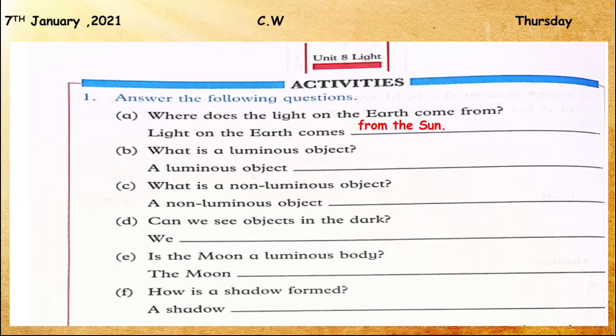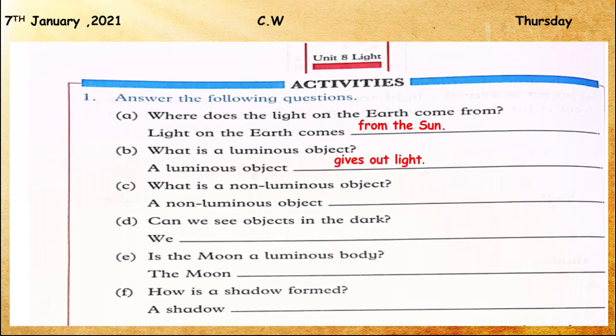From where does the earth get its light? Yes, it is the sun. So light on the earth comes from the sun, as we know that the sun is the biggest source of light and energy.